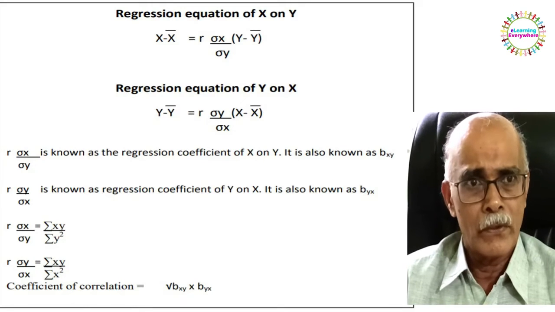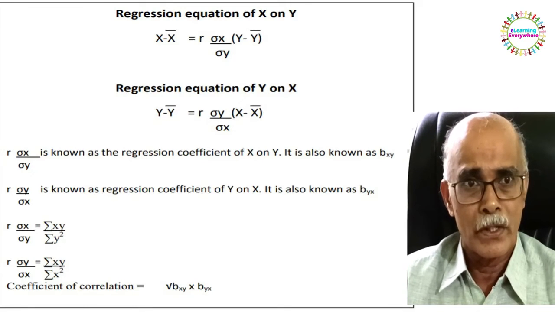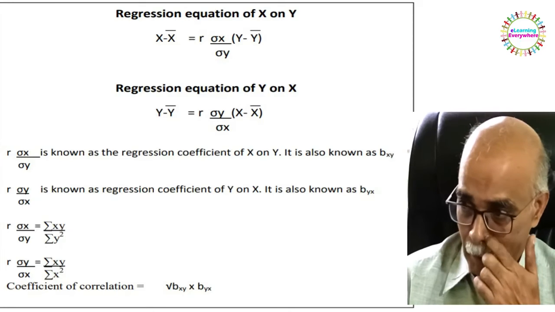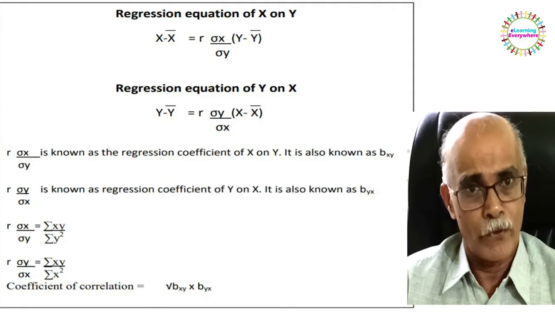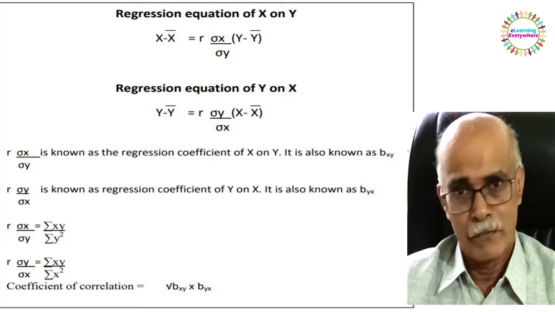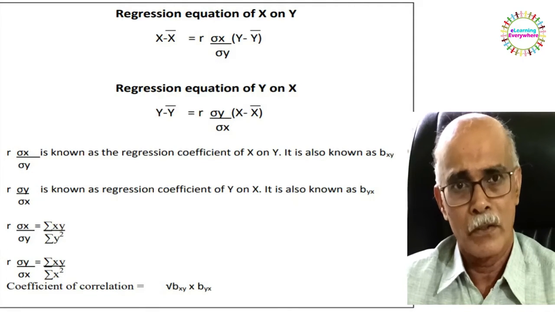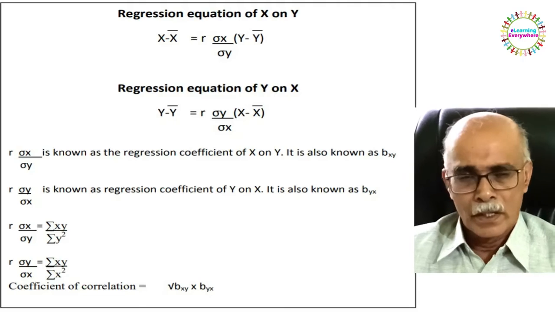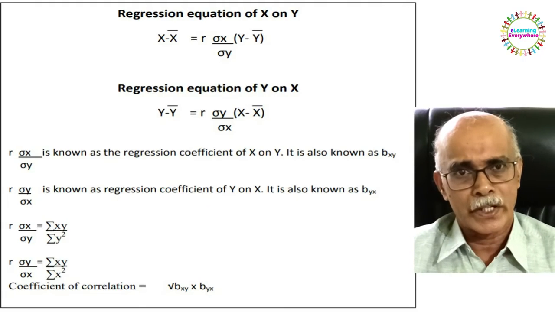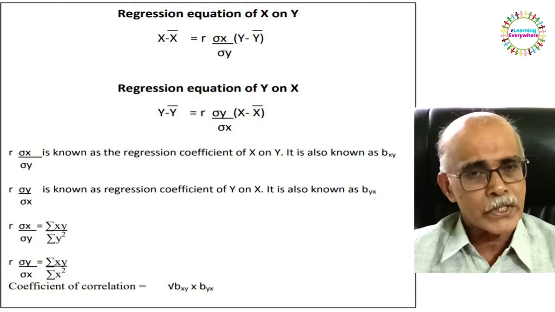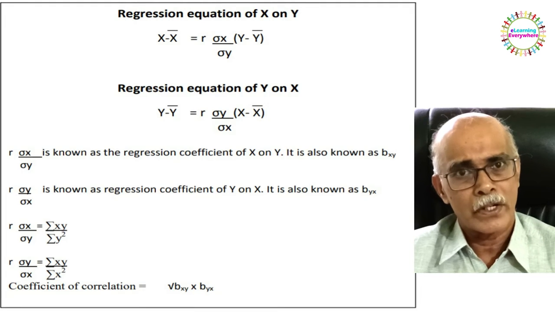If you know the regression coefficient, from that you can develop a formula which can be called a regression formula or a prediction formula. Here bxy is the regression coefficient of x on y, and byx is the regression coefficient of y on x.